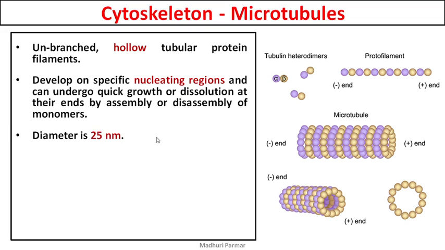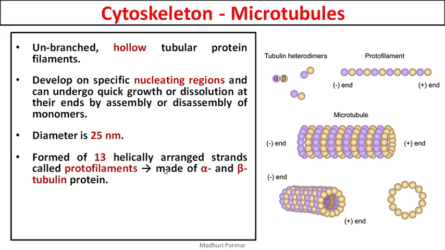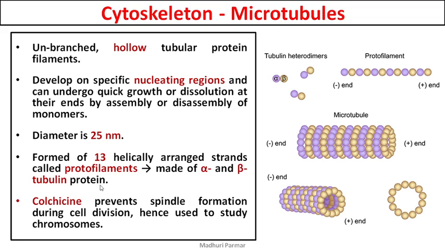Clear this much? Its diameter is 25 nanometer. It is formed of 13 helically arranged strands of protofilaments, made up of alpha and beta tubulin protein.